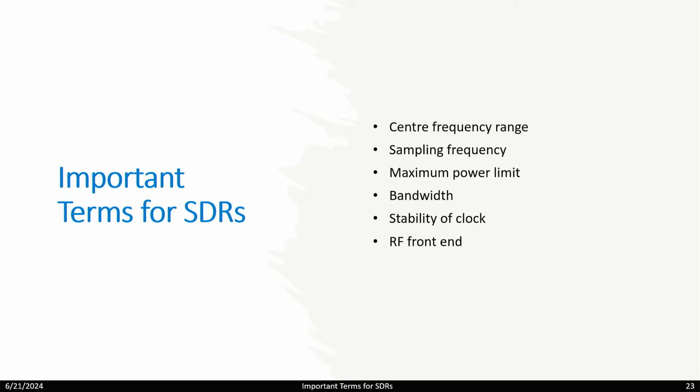If you want to check instrument-based USRP systems or their chassis. Another thing is the RF front end. RF front end means the power amplifiers and the antennas. Those are called the RF front ends.